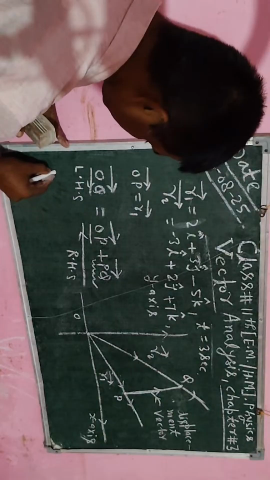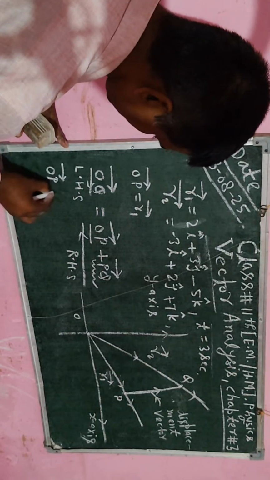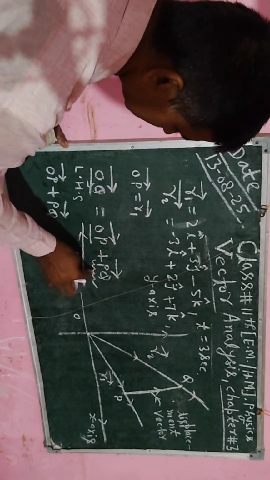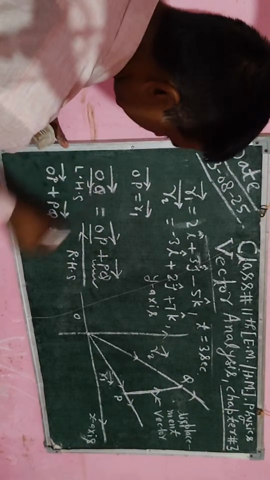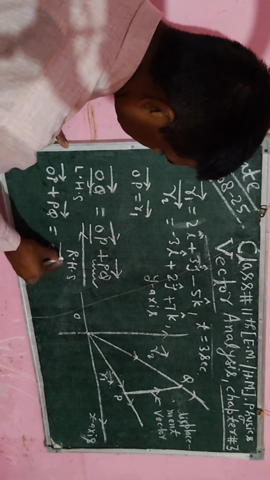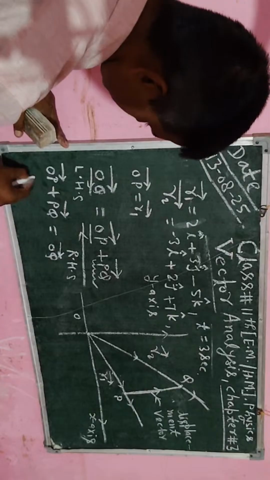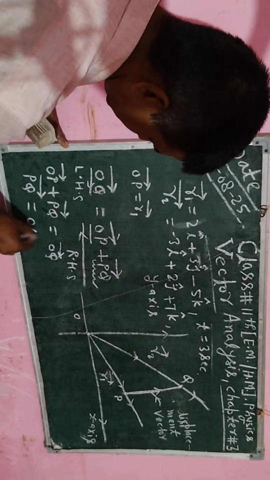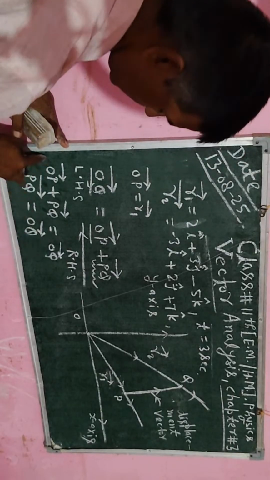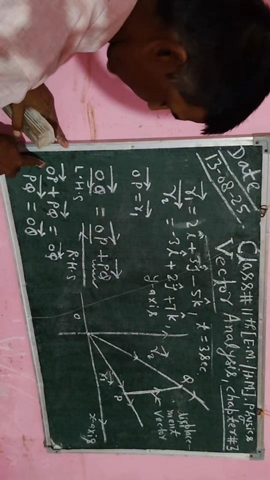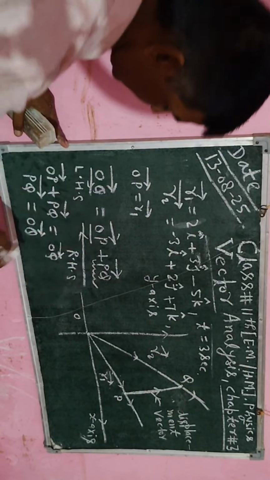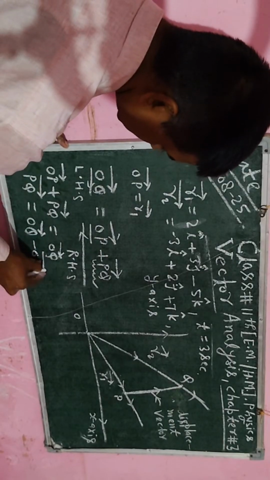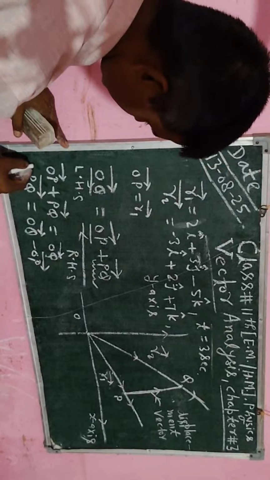So OP plus PQ is equal to OQ. Now vector PQ is equal to OQ vector, and OP has a plus sign and it will go to the right hand side, so its sign will change. So I will write minus OP vector.